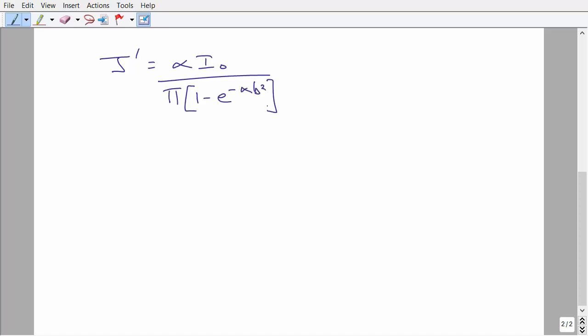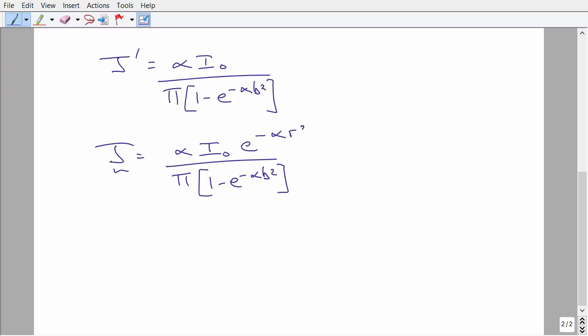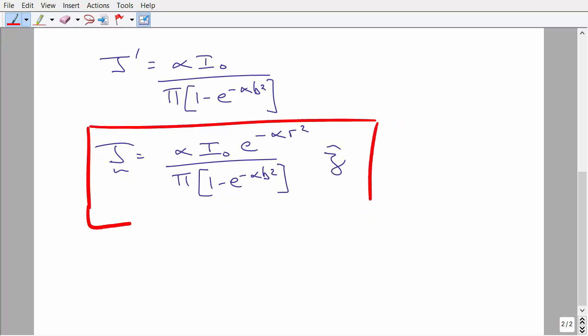Okay, which makes our current density then the following. Okay, so there is our normalized current density.